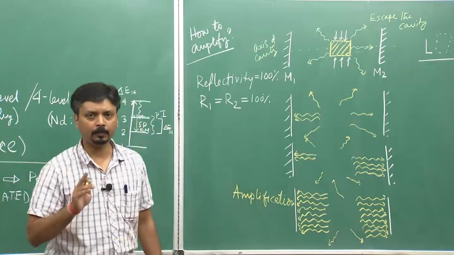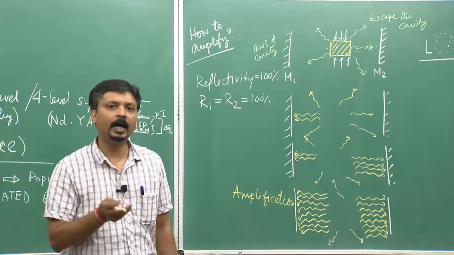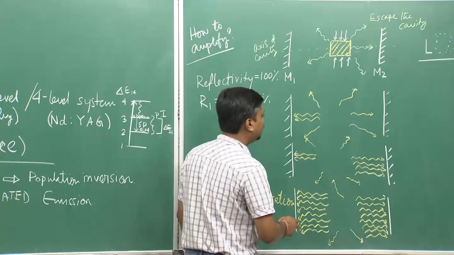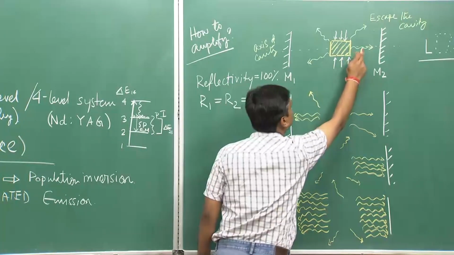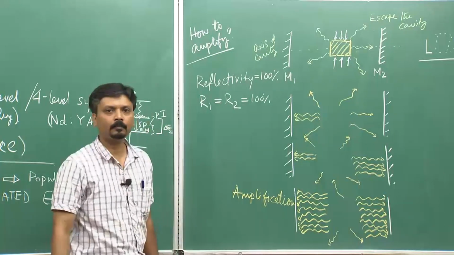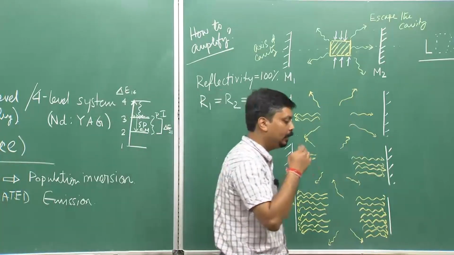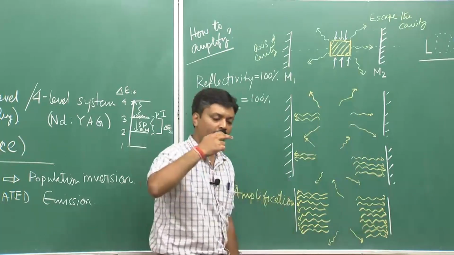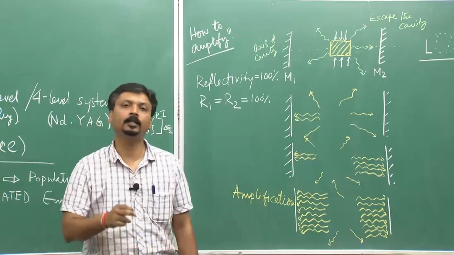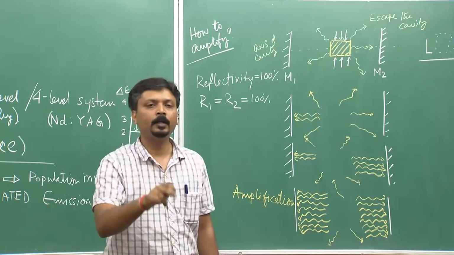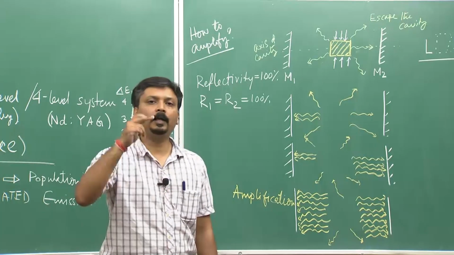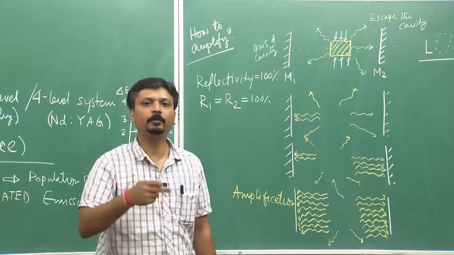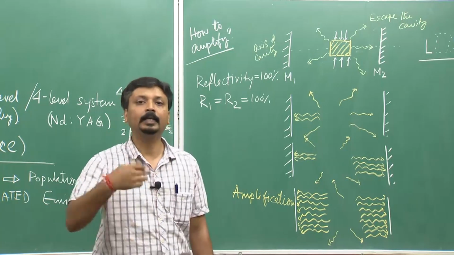Now, by design, stimulated emission has the same property as that of the spontaneous photon. When I say it has the same property, I mean actually identical. So, it will have the same direction that the spontaneous photon was moving, the same phase, the same energy, that is the same frequency, same color, okay, same polarization.